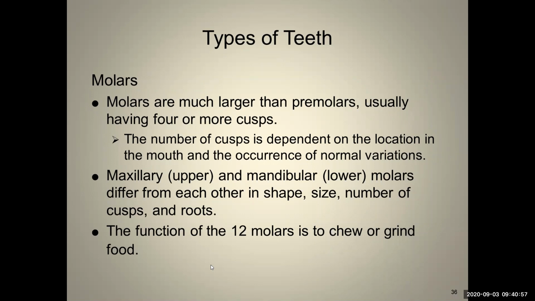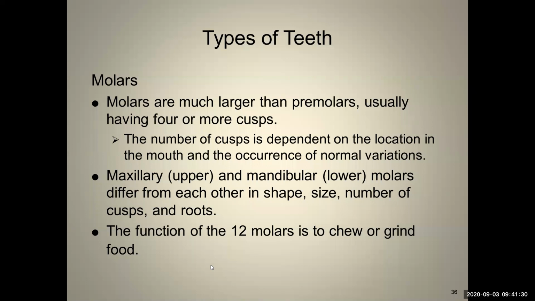Your maxillary and mandibular molars, the upper molars and lower molars, differ from each other in shape, size, the number of cusps, as well as the number of roots. You've got a total of 12 molars, 3 on the maxillary right, 3 on the maxillary left, 3 on the mandibular left, and 3 on the mandibular right. The function is to chew or grind.